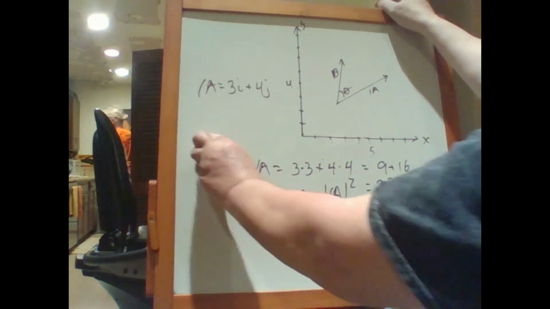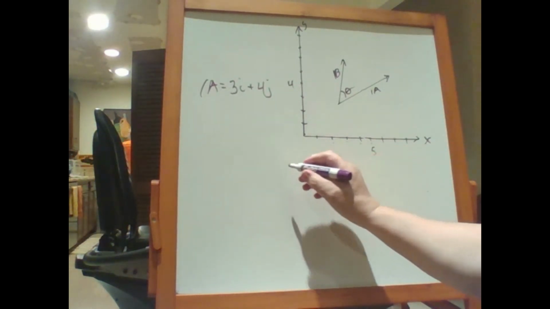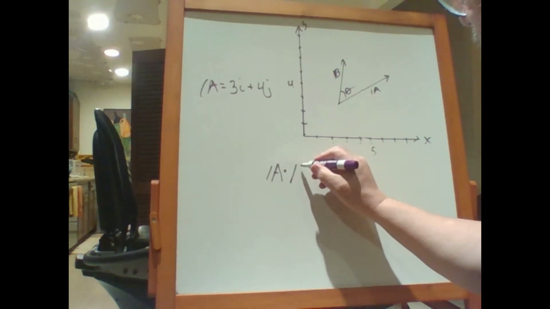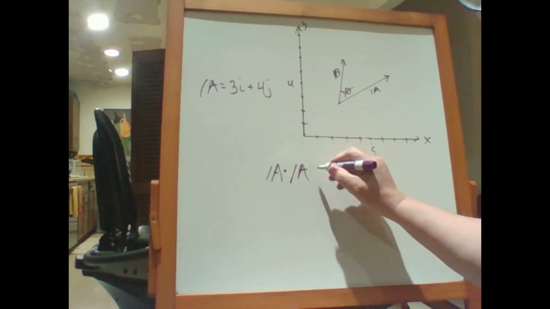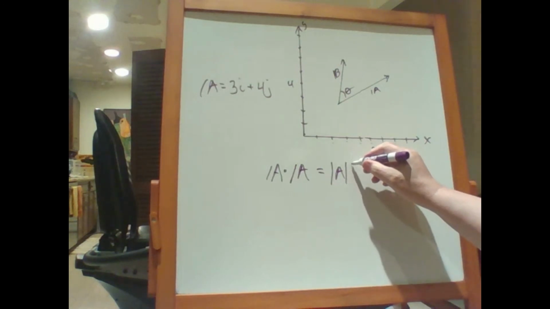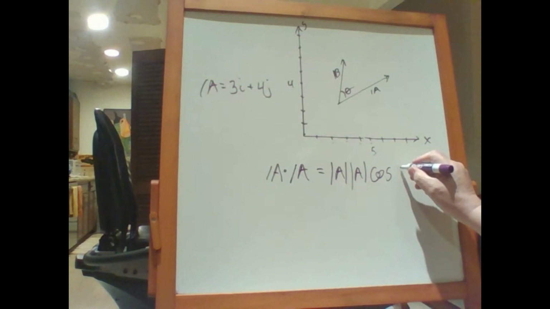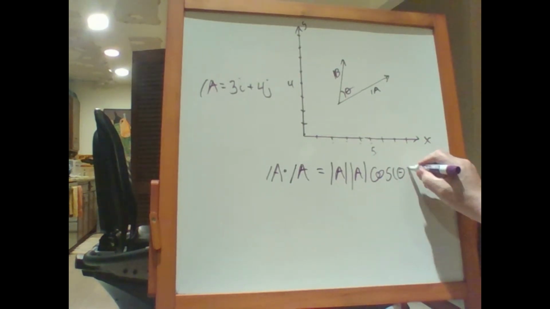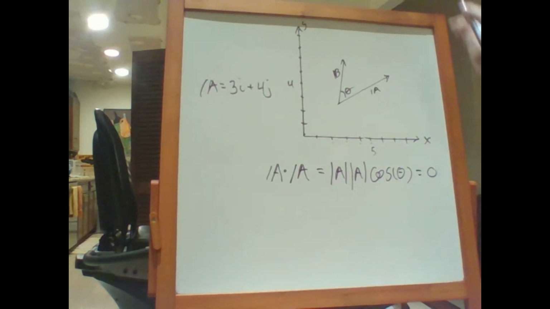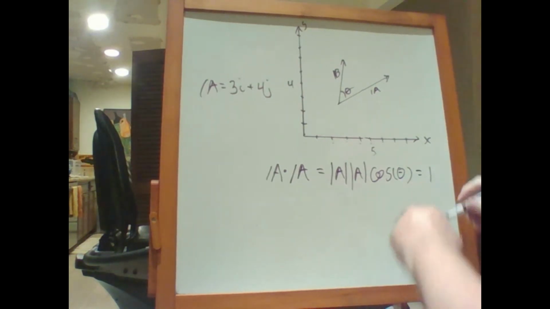And in fact, because A is parallel to itself, A dot A is equal to the magnitude of A times the magnitude of A times the cosine of theta between them, which is 0. The angle is 0, so that's 1.